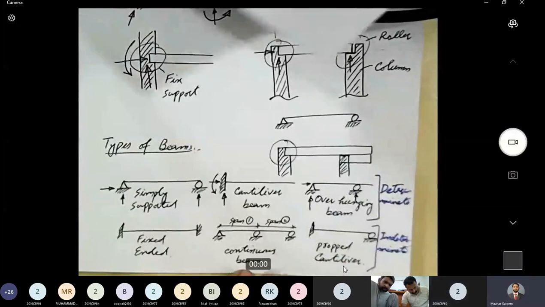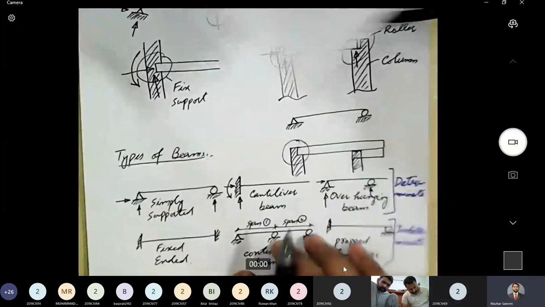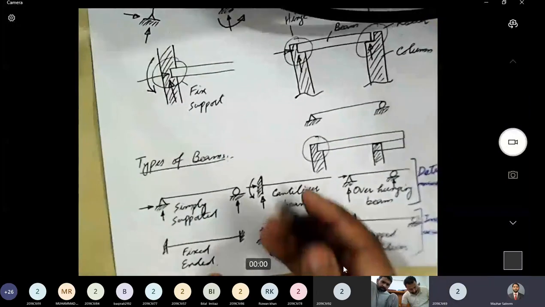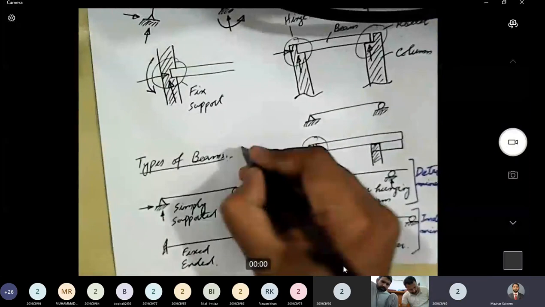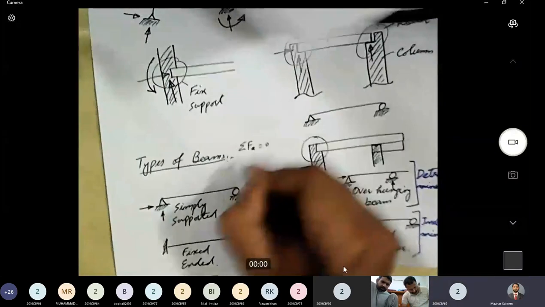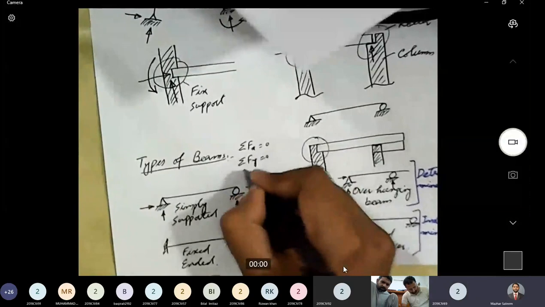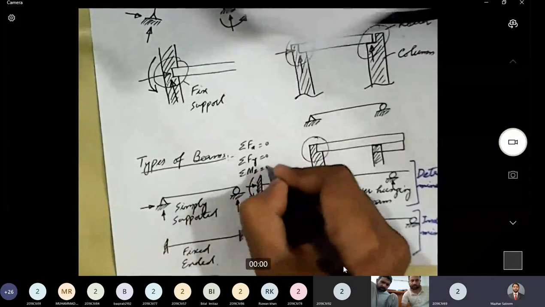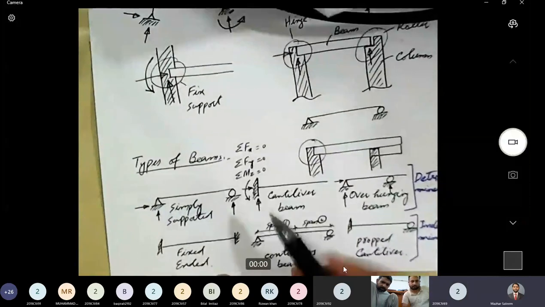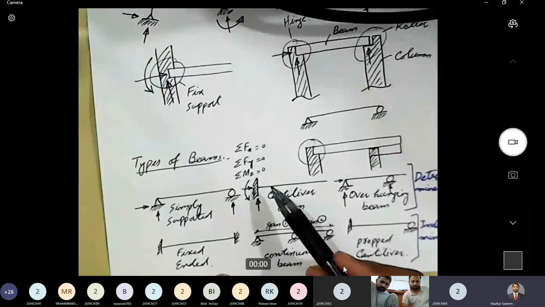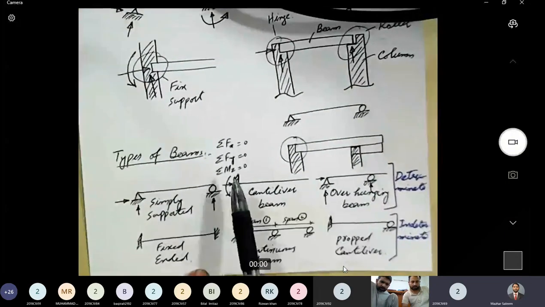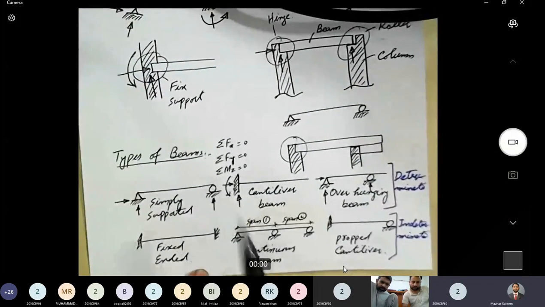And what are the conditions of equilibrium for a two-dimensional system? The equations of equilibrium are sigma Fx equal to 0, sigma Fy equal to 0, and sigma Mz equal to 0. This you have covered in your basic mechanics. So we have these three conditions of equilibrium.